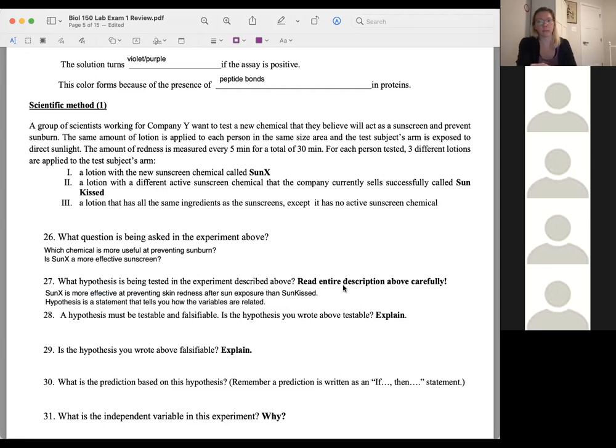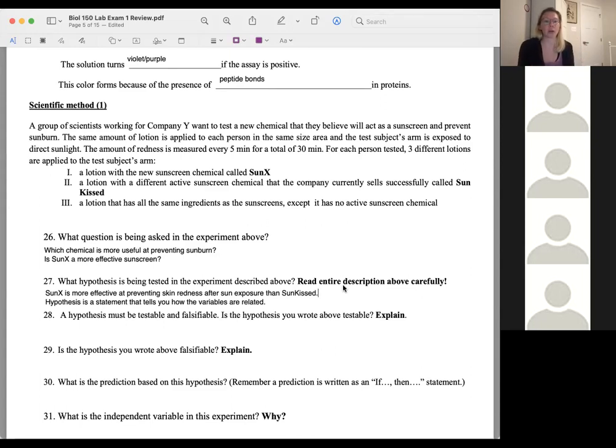Can I say Sun X is a better sunscreen than Sun Kiss? You could say that too. So me personally, for my students, I always get on their case because I want them to be very detailed in their hypotheses. So for the term better, Sun X is a better sunscreen, I would want you to define what we mean by better.